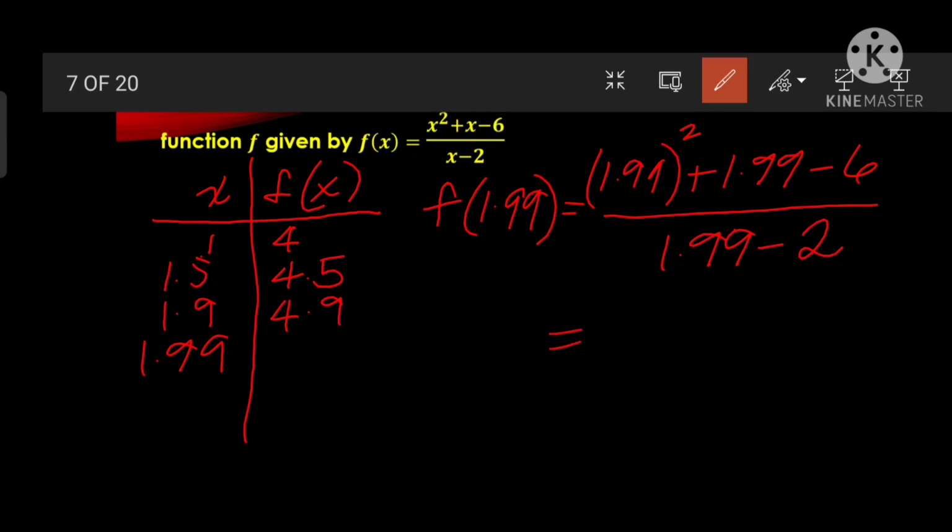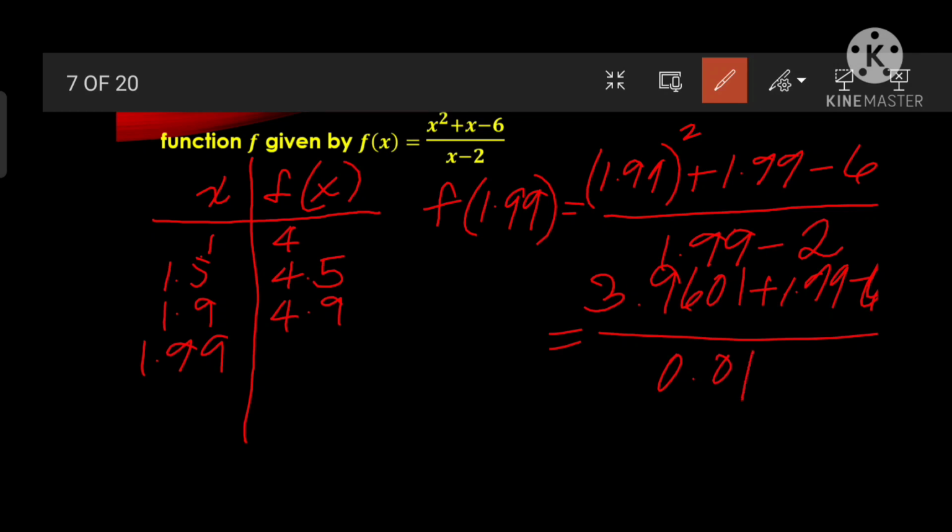So 1.99 squared, that means 1.99 times 1.99, and that is equal to 3.9601, or we could have 3.96, plus 1.99 minus 6, all over 1.99 minus 2. This is equal to negative 0.01.